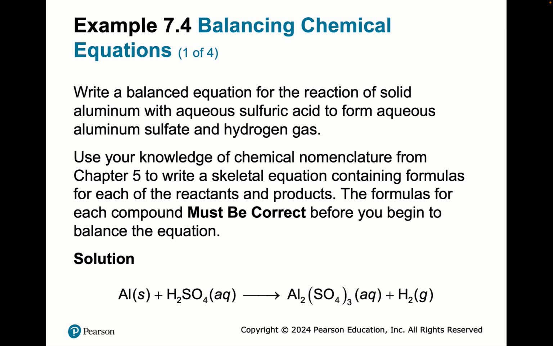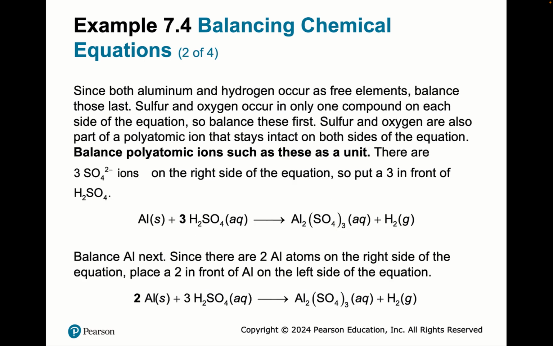So let's balance this equation here. Aluminum reacting with sulfuric acid to make aluminum sulfate and hydrogen. When you balance this, one of the things that you can note is that you can look at it in terms of units of sulfate.